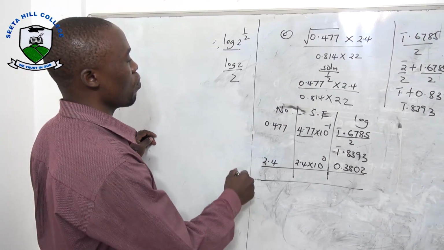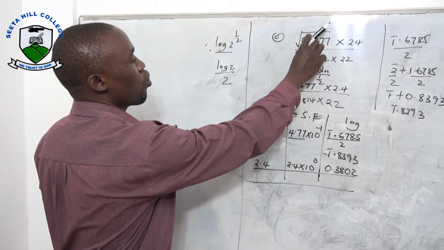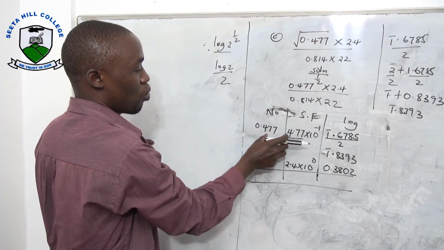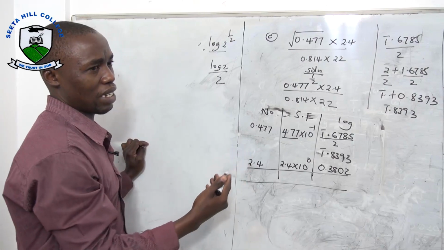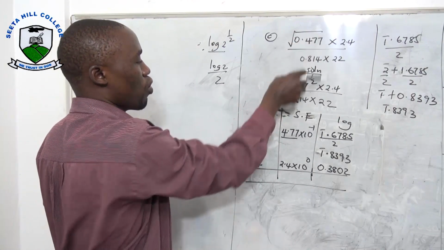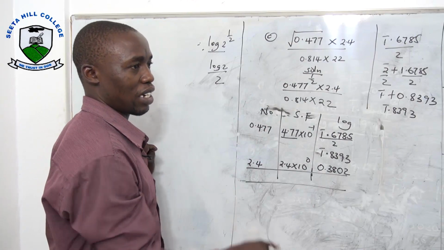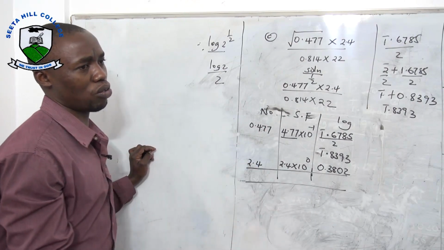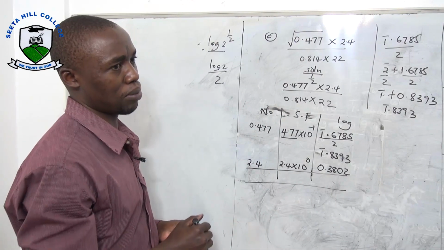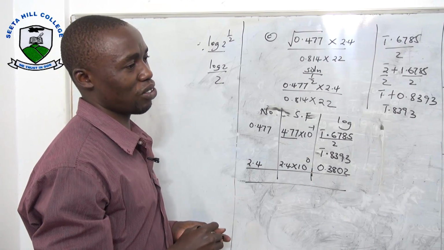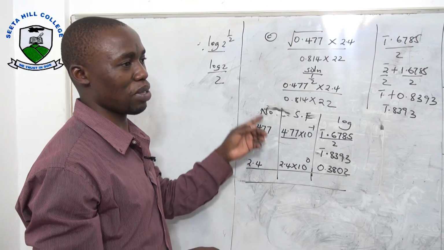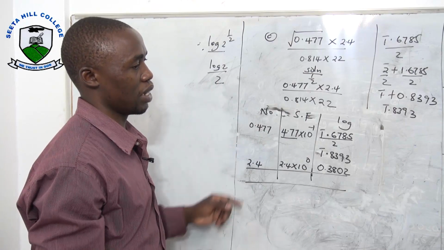Or else you take the square root of this, but it will give some errors, because if you take the square root, you'll again have round-off first, then come and work with it. Of course it will yield the results, but that's not the intention of the examiner. The intention of the examiner is this way.